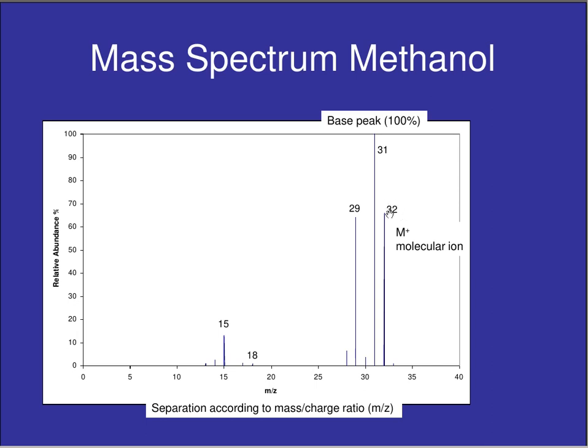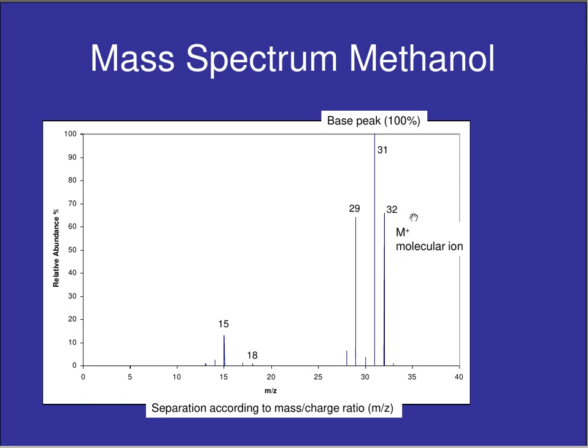So we can quickly calculate, because carbon has mass 12, hydrogen has mass 1, oxygen has mass 16, what 4 hydrogens is. 4 hydrogens is 4, 1 carbon is 12, that's a total of 16. 1 oxygen is 16, and that together makes 32.